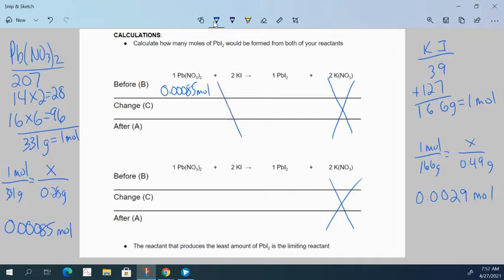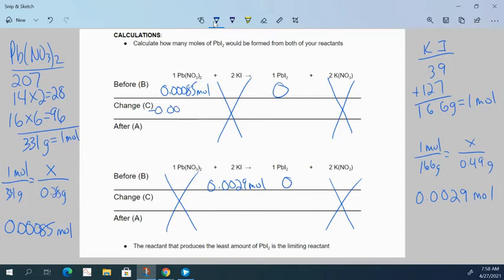Now, in the first one, I'm going to ignore the KI. In the second one, I'm going to ignore the other reactant, PbNO3. So we're going to calculate these assuming that we used up all of the lead nitrate in the first one and then all of the KI in the second one. Okay. So let's see.